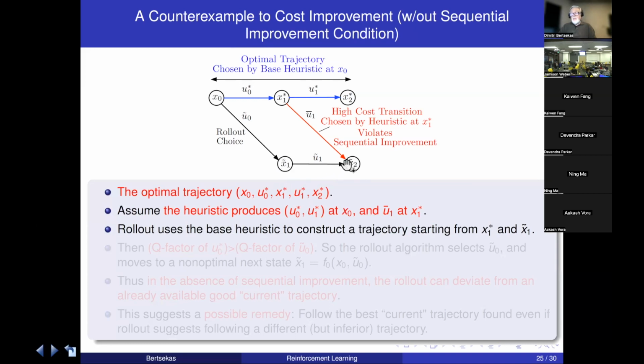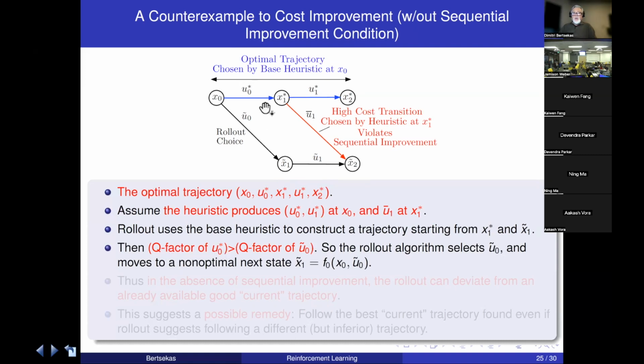And from here, the base heuristic takes you here. Because this one has very high transition cost, the rollout selects this control. And then from here, it goes here. So it misses out on the optimal trajectory and generates a worse cost.